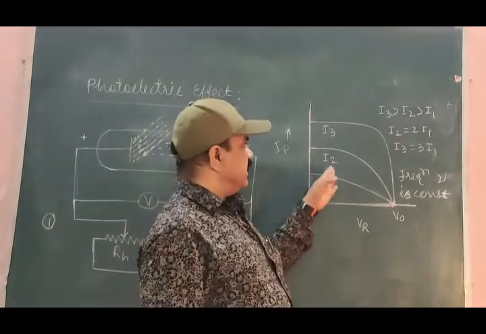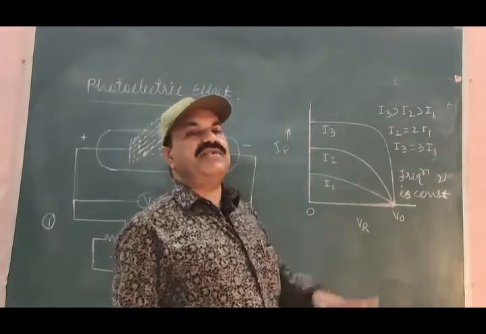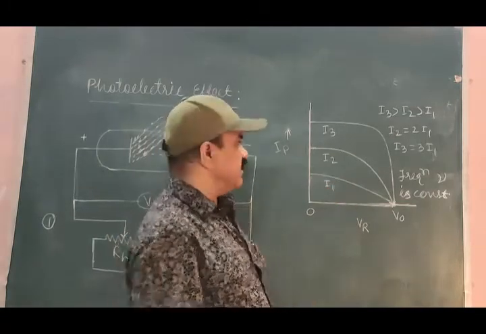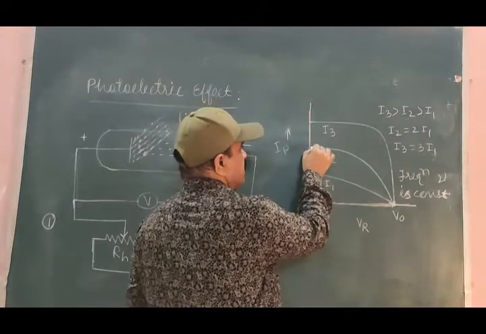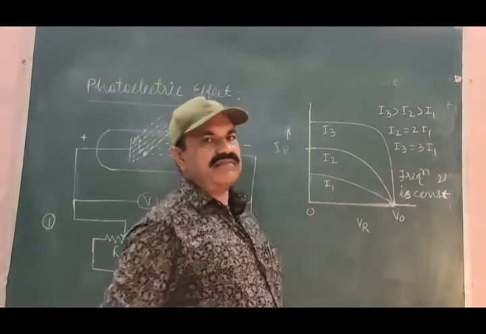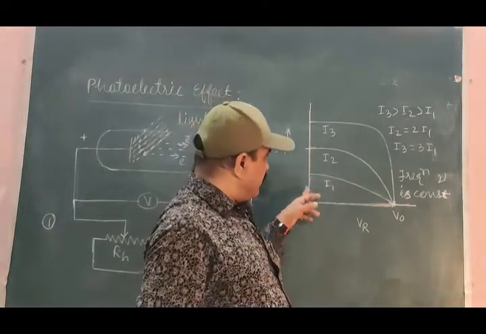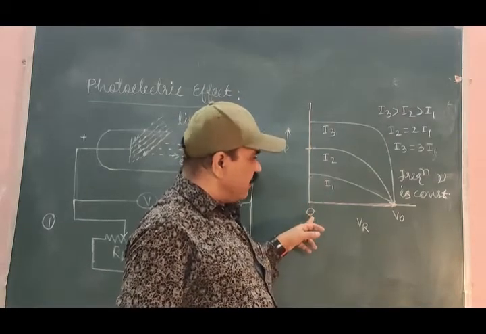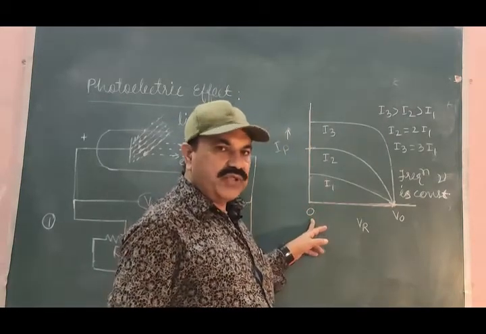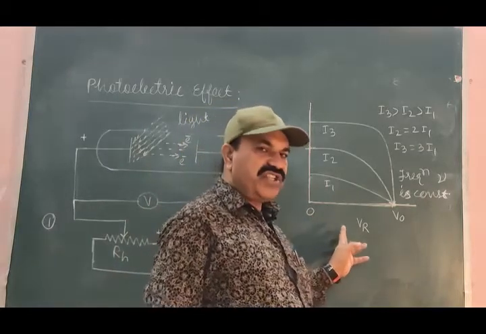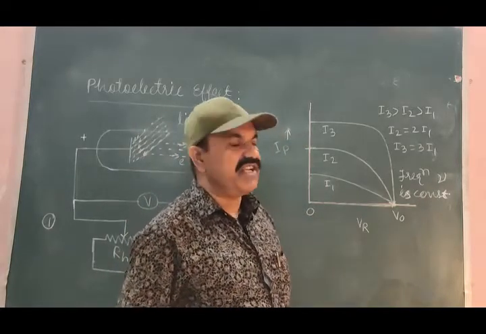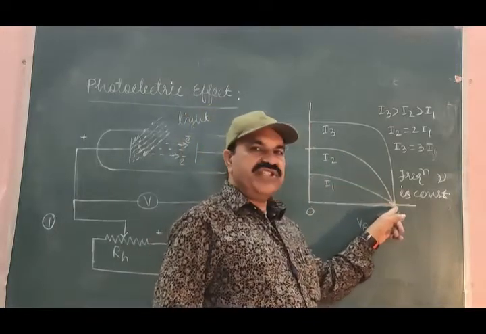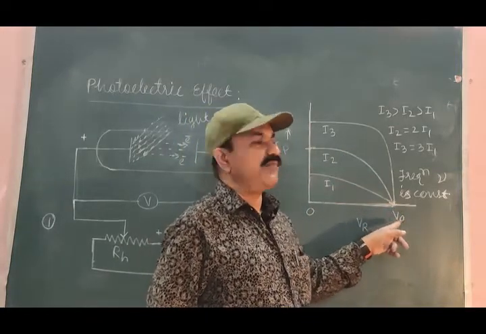Then the intensity taken is I2. I2 is about 2 times I1. The current due to intensity I2 is somewhere here, larger than for I1. This is the current for intensity I2 with VR equal to 0. When this reverse potential is increased in the negative direction, the current starts decreasing and decreasing, and ceases here at the same potential.